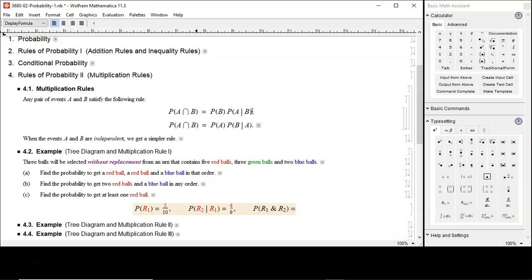According to this multiplication rule, you have to multiply these two probabilities, the probability and the conditional probability. So this is going to be 5/10 times 4/9. And I'm not going to bother with simplification.